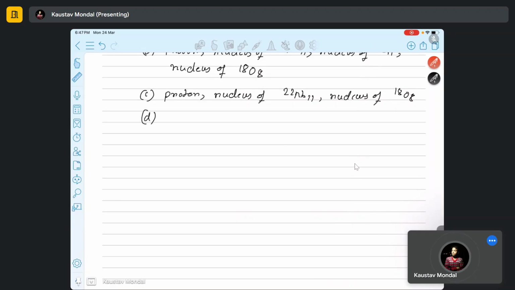Option D is photon, not proton, photon, nucleus of sodium, nucleus of oxygen. So these are the 4 options given.